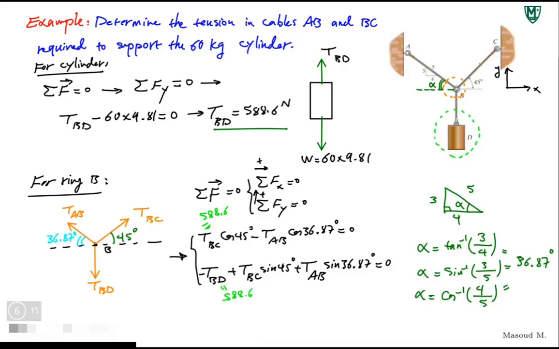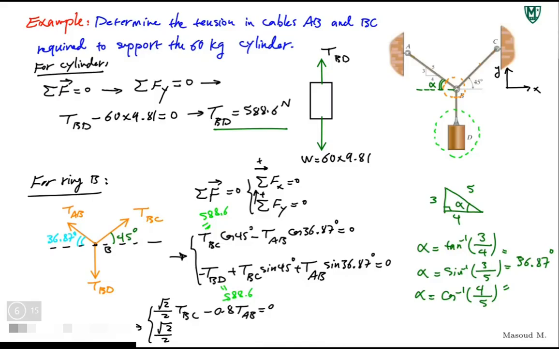588.6. So we're going to end up having two equations, two unknowns. If you replace these values, you're going to get square root of 2 over 2 TBC, right, cosine 45, minus 0.8 TAB is equal to 0.